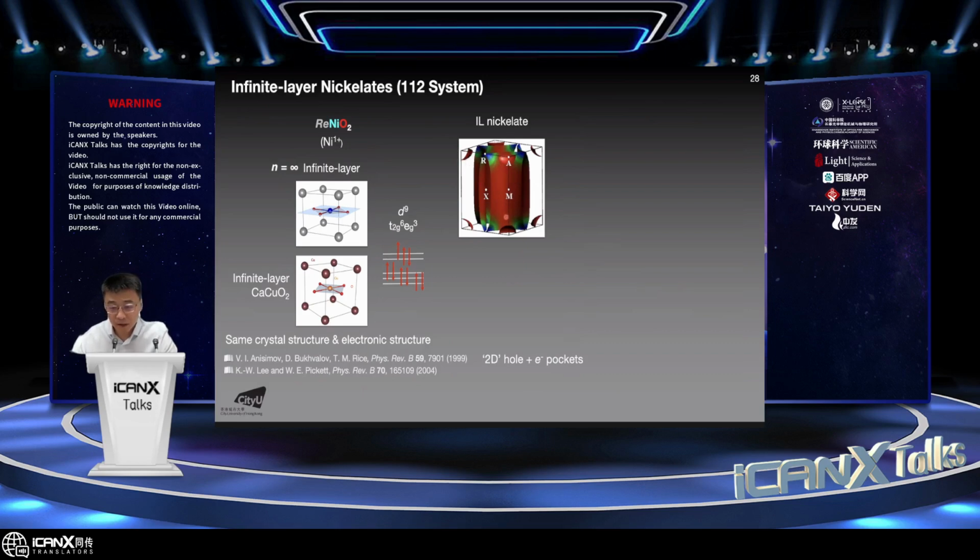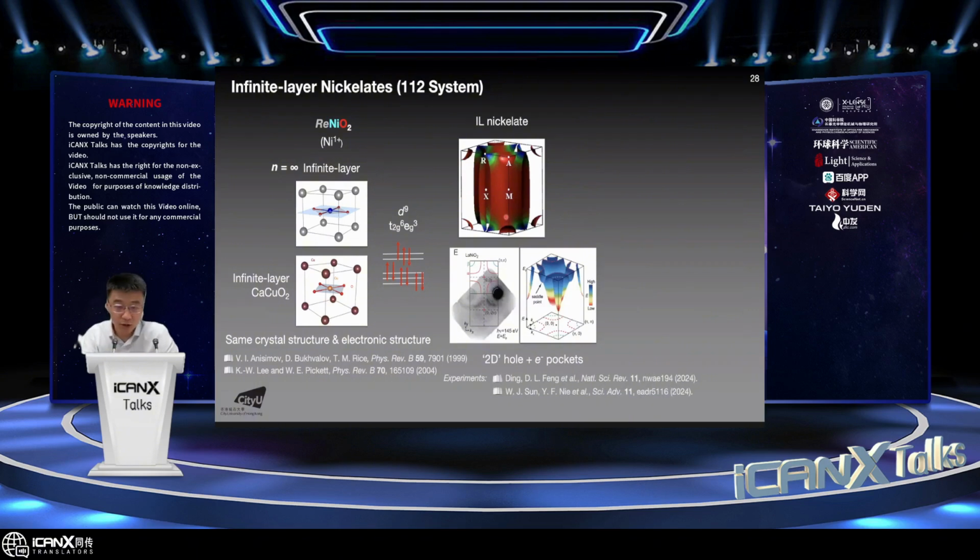These proposals were finally confirmed by recent angle-resolved photoemission spectroscopy experiments by two different groups from Fudan University and Nanjing University. Independently, they found these hole-like bands and electron pockets.